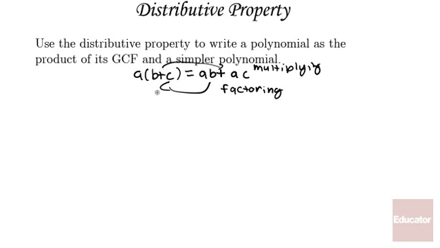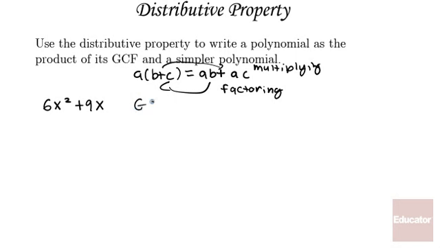So let's look at how we can apply the distributive property to write a polynomial as the product of its greatest common factor and a simpler polynomial. Starting out with just a binomial, because that's very easy to work with. If I have 6x squared plus 9x, I'm going to first look for the greatest common factor. And recall that the greatest common factor is the product of the common factors of the two terms that you're working with.